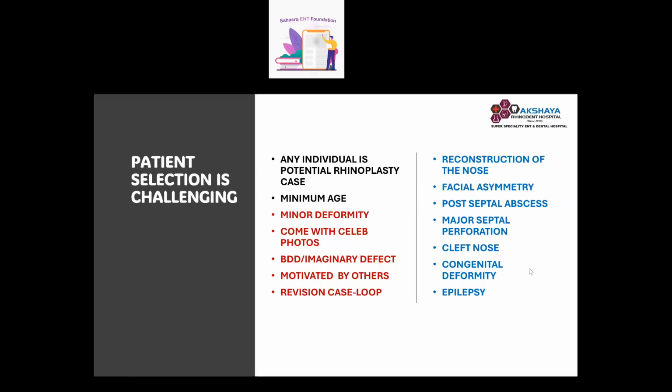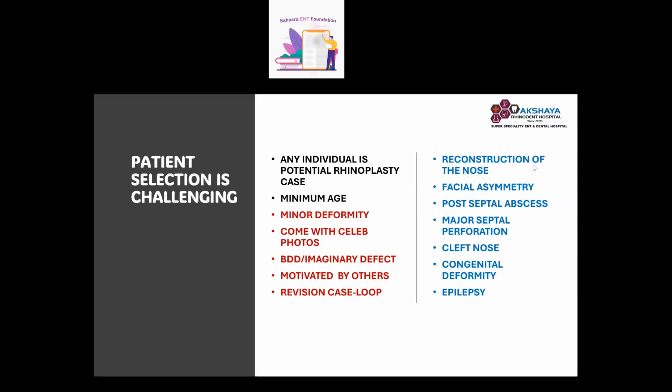Okay. Next, coming to the patient. When it comes to the surgeon, you must know where you stand in the learning curve. If the patient is having severe deformities, there is some tissue loss, the kind of cleft lip rhinoplasty, then if you are a beginner, I don't think it is a good idea to operate.